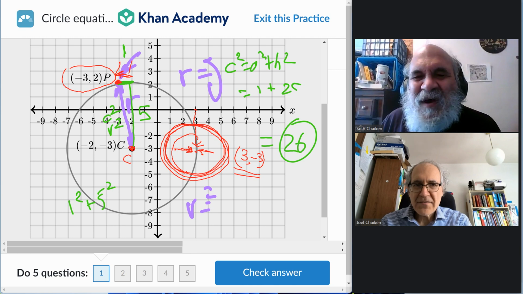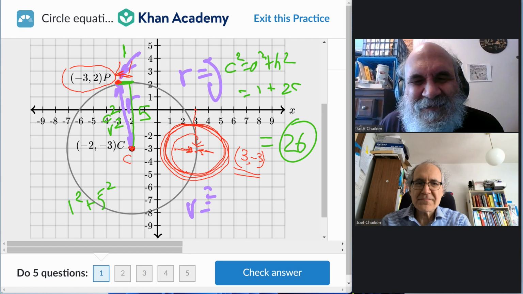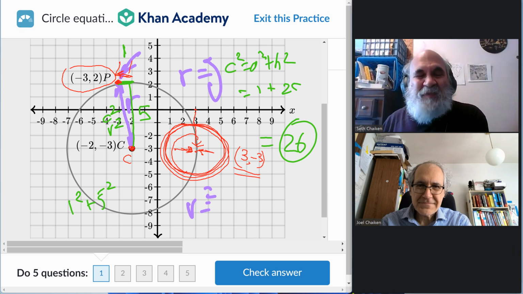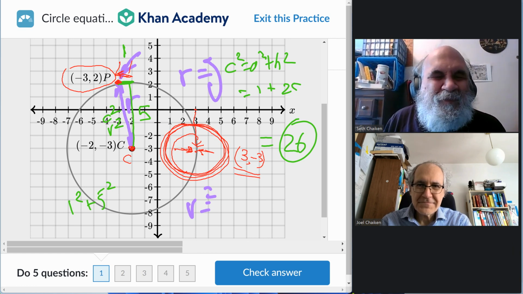So I said to myself, "Oh, I'm going to have to compute the radius." That's a little tricky. But it's easy to compute because there's this little triangle.